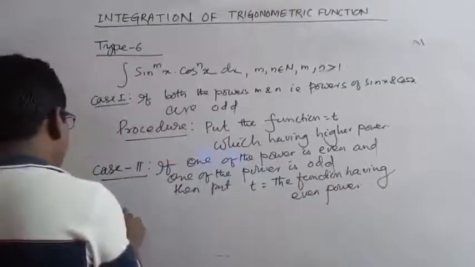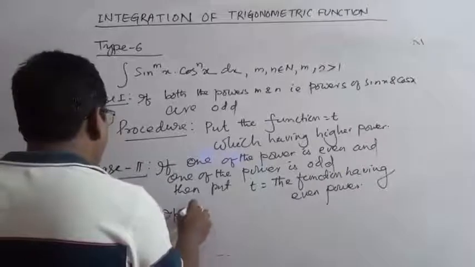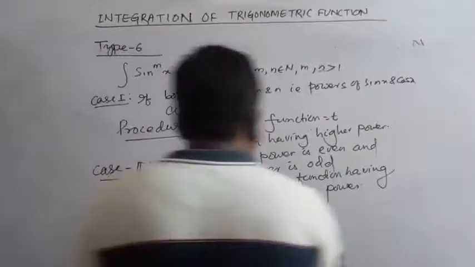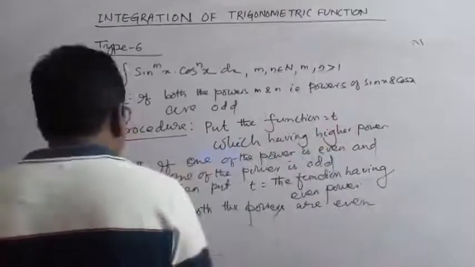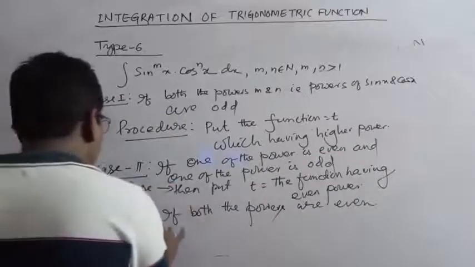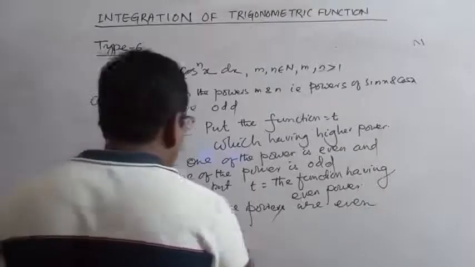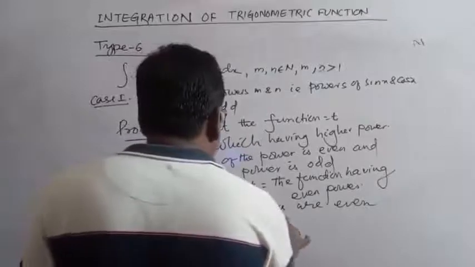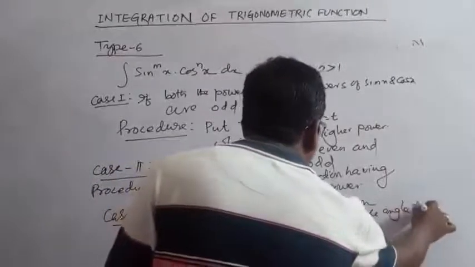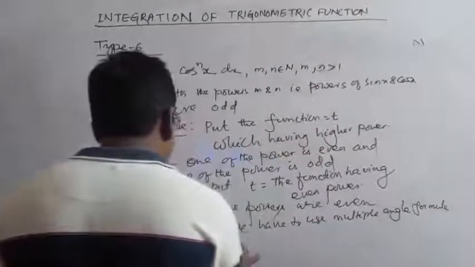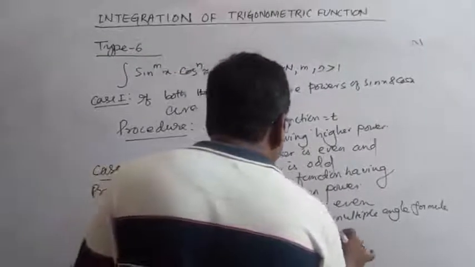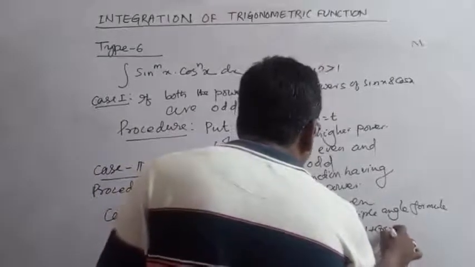Case 3: if both the powers are even, then this is the procedure: we have to use the multiple angle formula, that is sin square x is equal to (1 minus cos 2x) by 2 and cos square x is equal to (1 plus cos 2x) by 2.